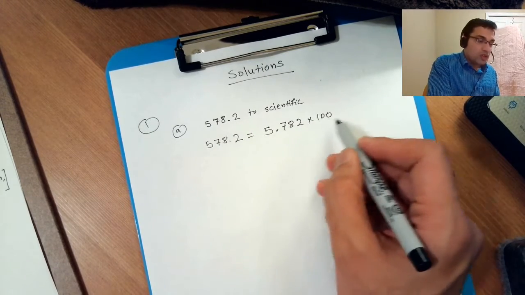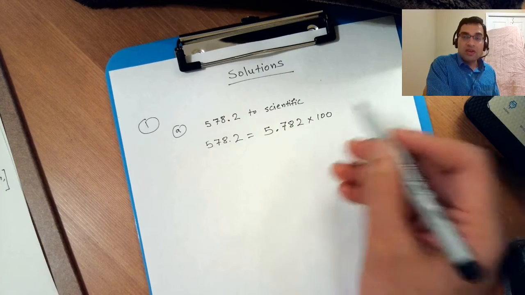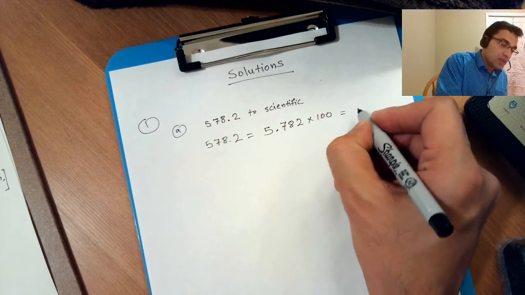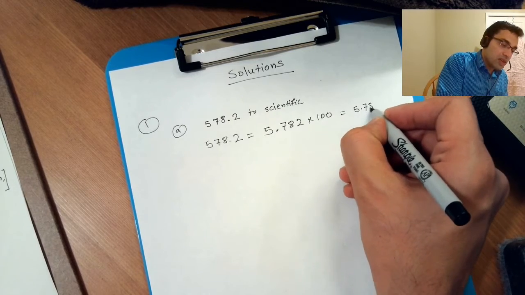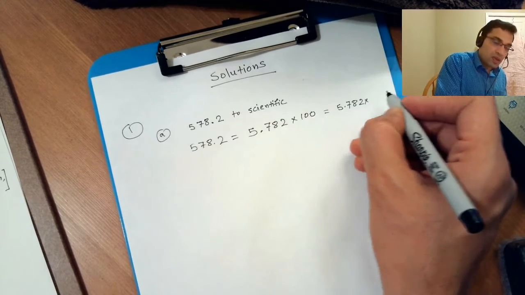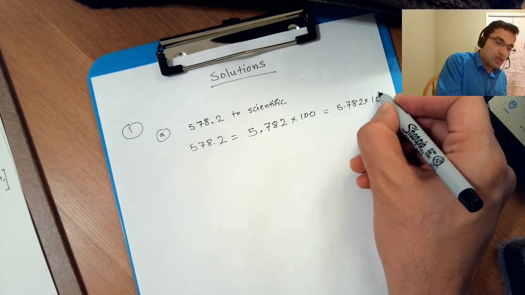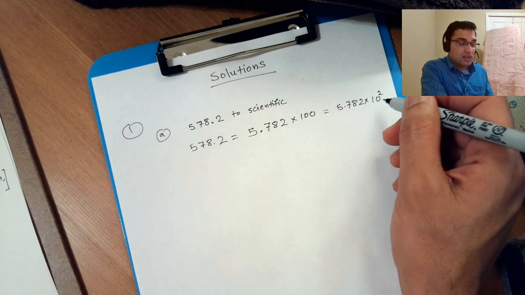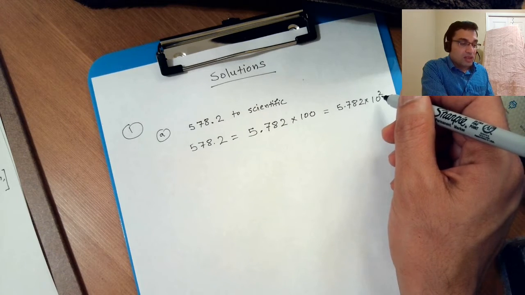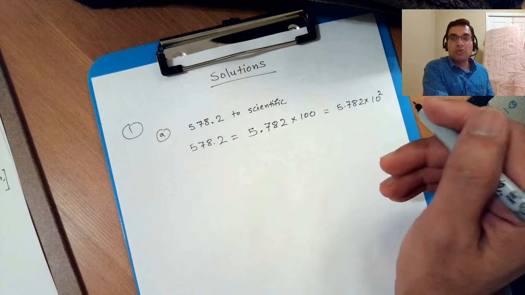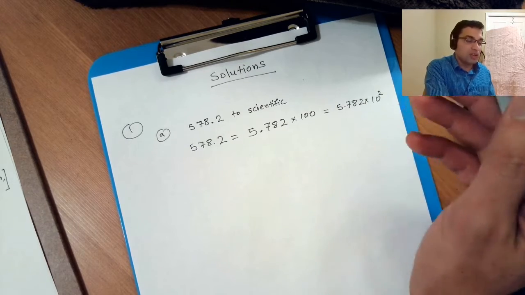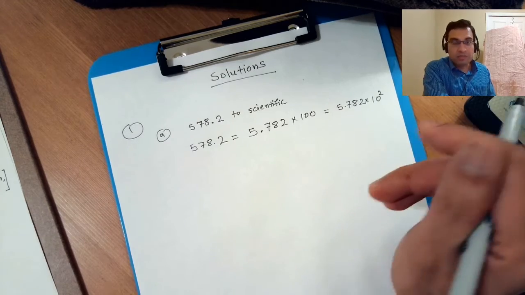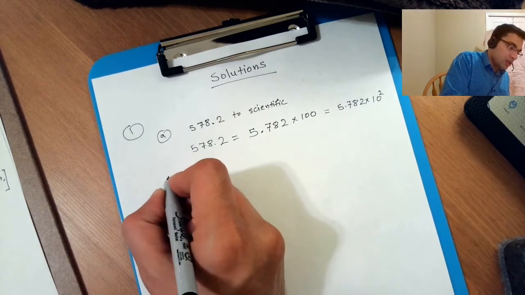Now you should know how to write 100 as a power of 10, which is 5.782 times 10 to the power 2. You remember this from last time: 10 to the power 1 is just 10, 10 to the power 2 is 100, 10 to the power 3 is 1000. Don't forget, 10 to the power 0 is just 1. Okay, how about the next one?